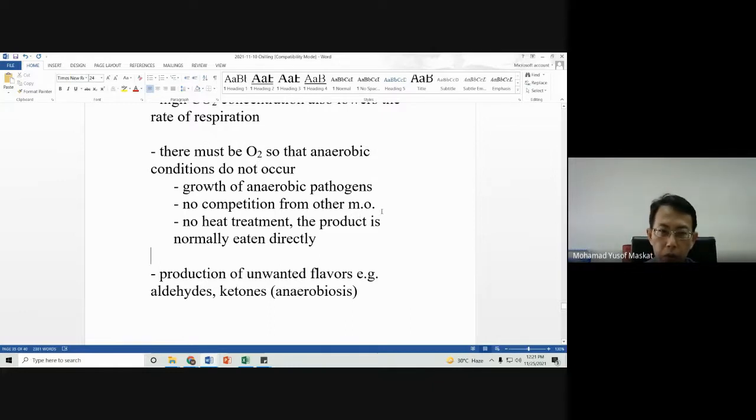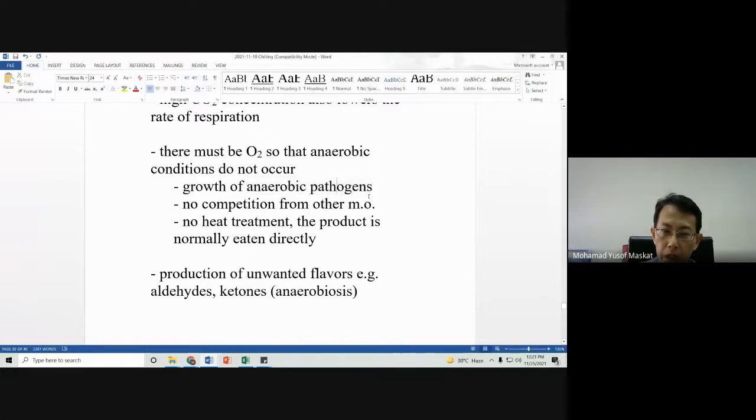This is important because usually fruits are what we term as RTE, ready to eat food products. So it is risky if there is a possibility of anaerobic pathogens that can grow.